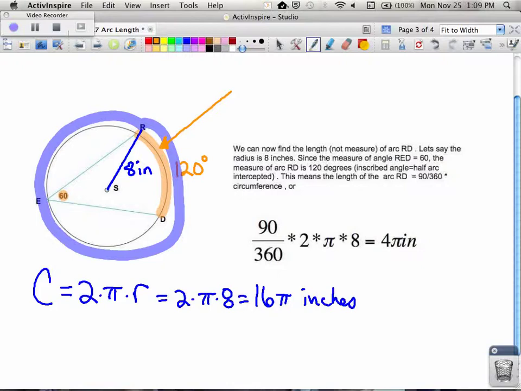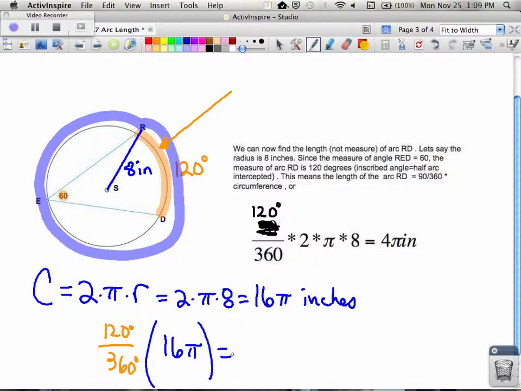This amount here is not 90, this should be 120 degrees out of the total. So I'm going to take the proportion of the circle that I want, which is 120 out of the 360 degrees, and multiply that by my circumference, which we earlier found to be 16 pi.